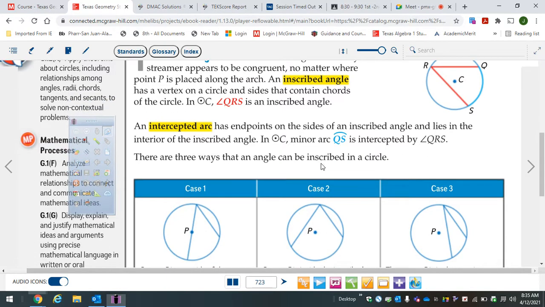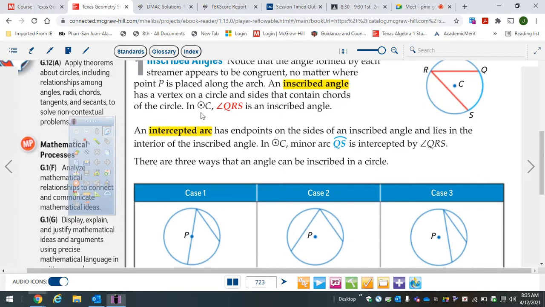Sorry about that. So make sure you know an inscribed angle has a vertex on a circle and contains chords of the circle. So right here. The intercepted arc is this arc that happens right here. When you have this inscribed angle, there's this arc here. So inscribed angle, intercepted arc.